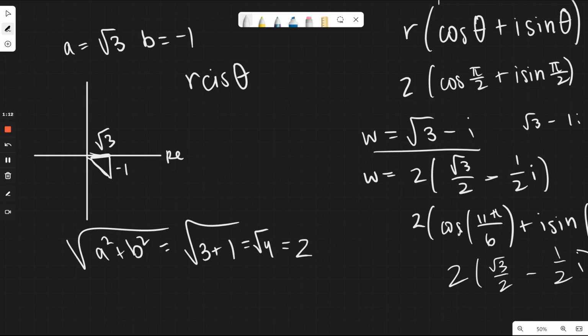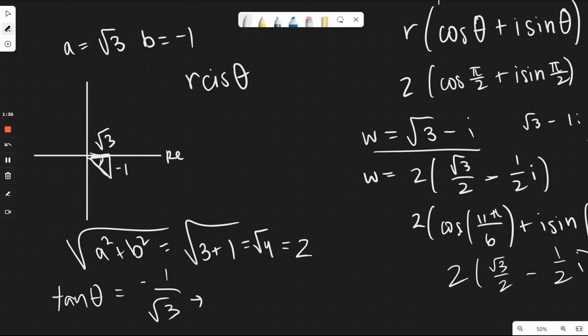And the angle: the tangent of the angle is negative 1 over square root 3.